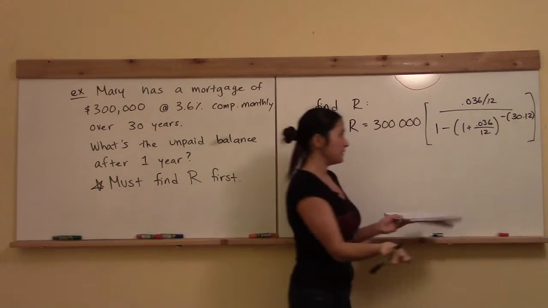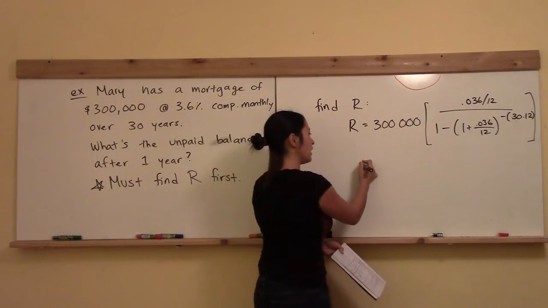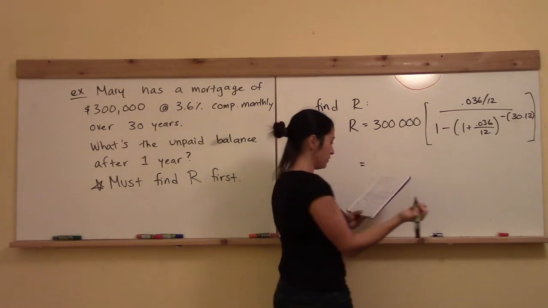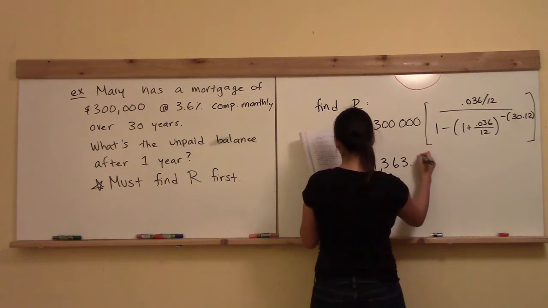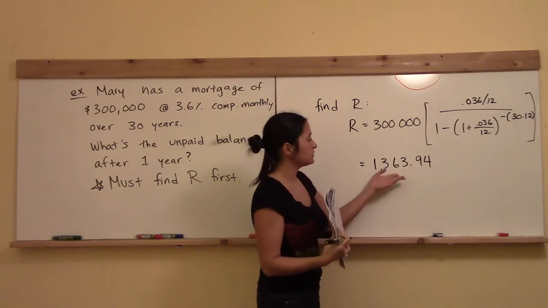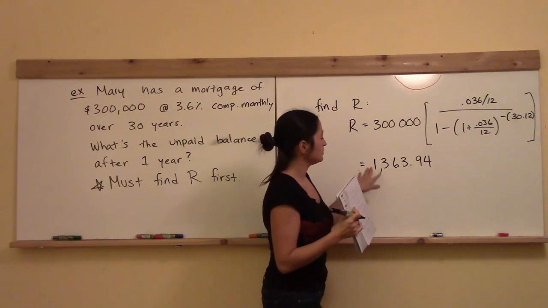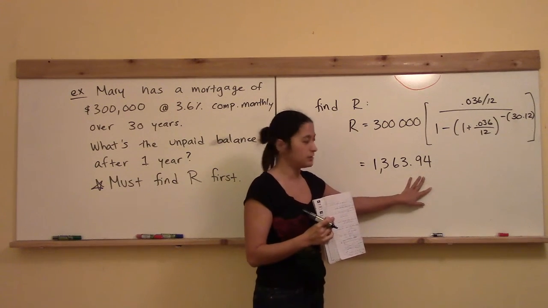That's the number of payments. Keep in mind, I'm just doing this as part of the process so I can use the other formula. So once you crunch through that, then you're going to see that Mary has been paying monthly payments of $1,363.94. That's what she pays every month.